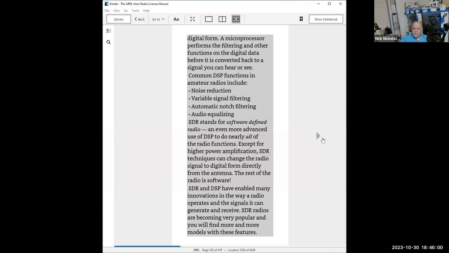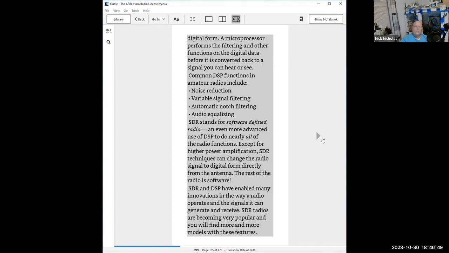DSP takes the signal, usually the audio, and converts it into a digital value. It takes the analog signal and digitizes it. Then it processes it through a microcontroller, a microprocessor, and software manipulates the bits. And then it restructures it back into an analog signal with a digital to analog converter.